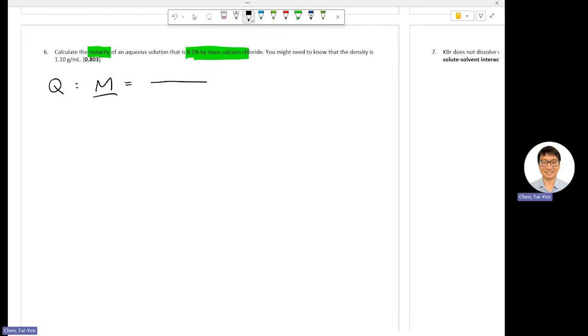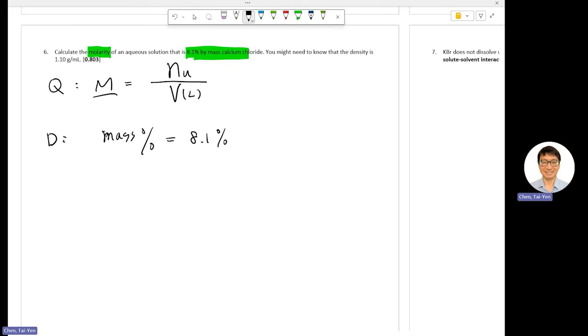Which is defined as moles of your solute over the volume in liters of the solution. So that's what you will need. Data: you have the mass percent, the mass percent equals 8.1%.